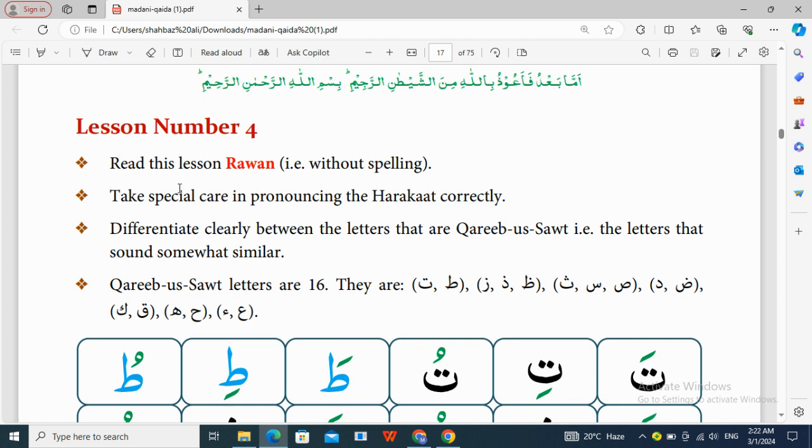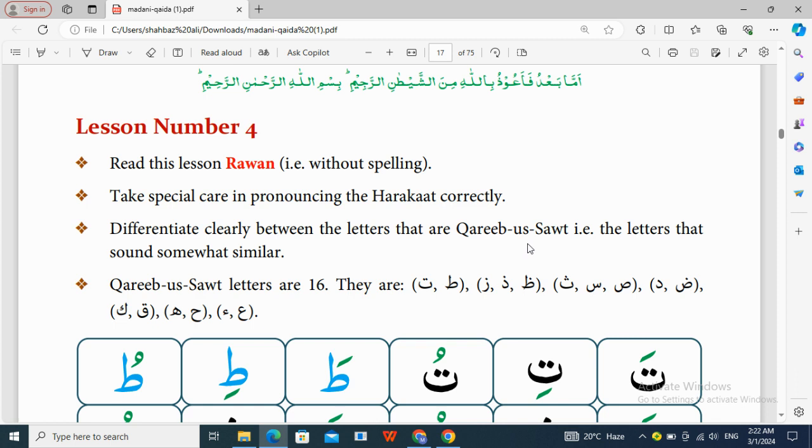The purpose of this lesson is to give awareness and the concept of harakat. Take special care in pronouncing the harakat correctly. If the letters have zabar, zair, and pesh on them, then these letters are harakat.